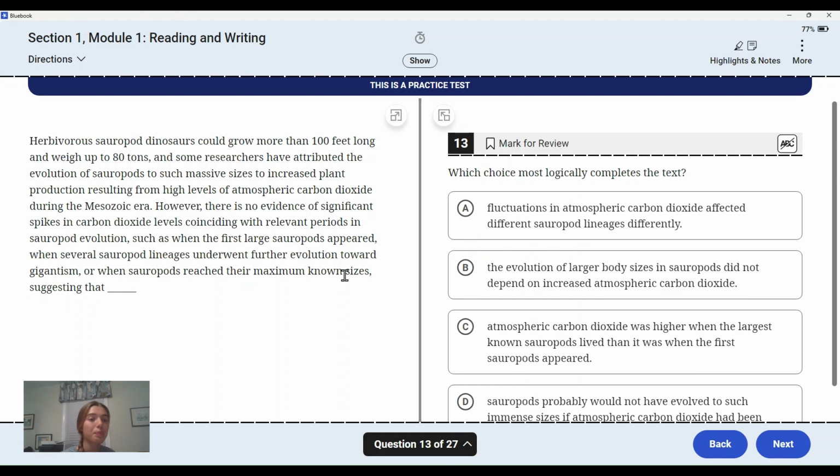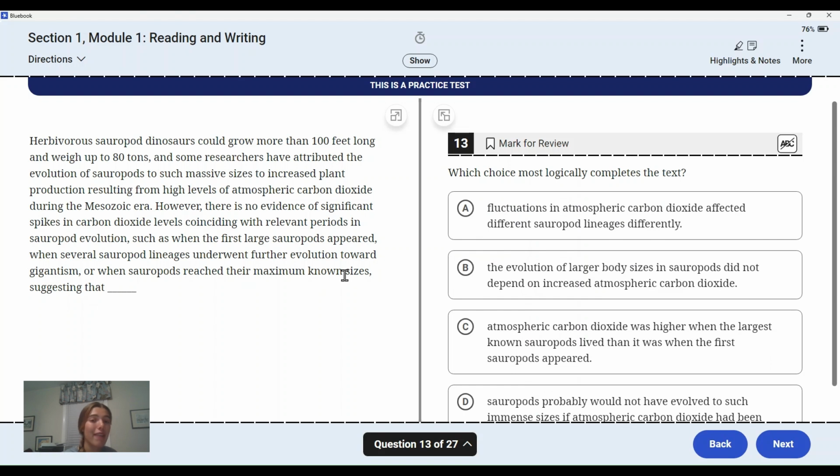My suggestion for this is go ahead and just read the passage first, don't look at the answers. So, herbivorous sauropod dinosaurs could grow more than 100 feet long and weigh up to 80 tons, and some researchers have attributed the evolution of sauropods to such massive sizes to increased plant production resulting from high levels of atmospheric carbon dioxide during the Mesozoic era.